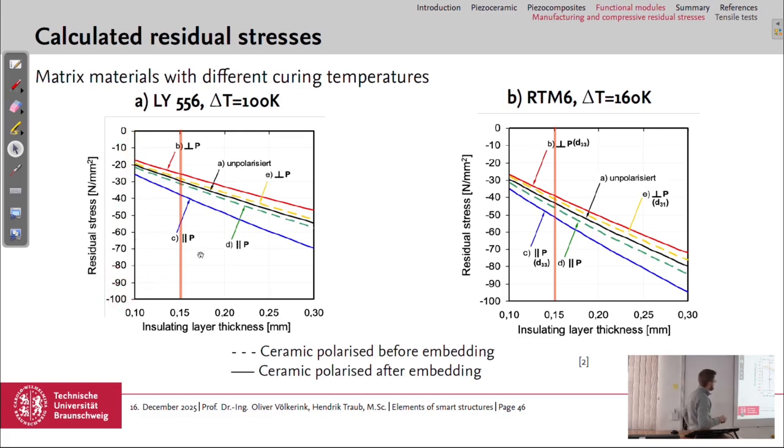And then if we have a look at the different lines, we have here in the middle the stress buildup in the unpolarized ceramics, so same residual stress in all directions. We have about minus 30 megapascals at 0.15 millimeter layer thickness.